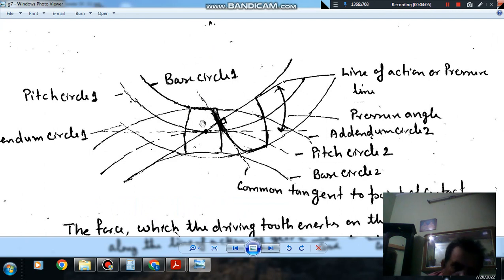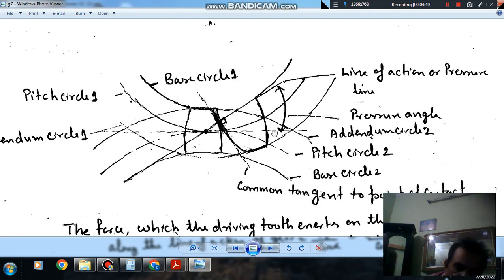This radial force keeps them in mesh, and this is the line of action, along the resultant of the force required for meshing and the force transmitted along the common tangent. Suppose Fr is this radial force and the force transmitted is this. The resultant of the two will be in this direction.